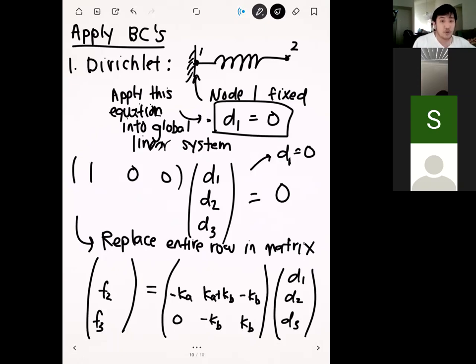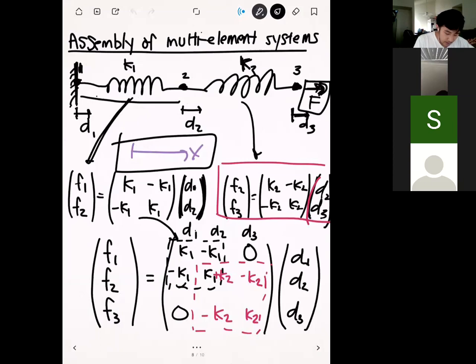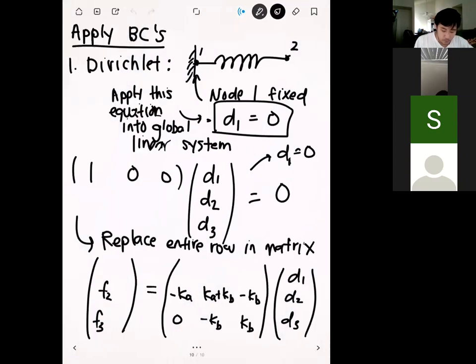And so I've drawn our global system, which was this guy right here, right? So I've redrawn that entire thing except for the first row. And so before in the first row, we had things like KA, minus KA, and 0. But since we have a Dirichlet boundary condition on that first node right there, what I'm going to do instead is replace the row in the matrix with this.